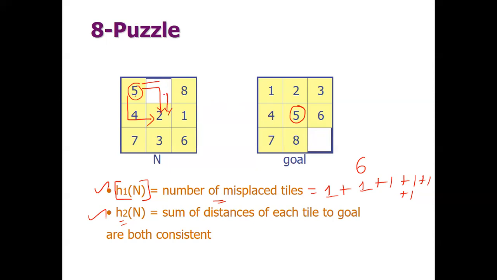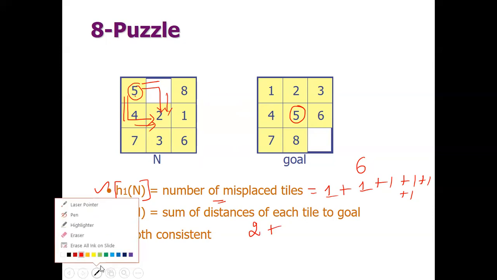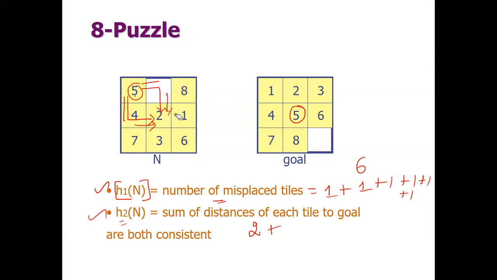If it follows this way also, it has to make 2 moves, 1 and 2, right? So we can say that 5 is away from its actual position by 2 locations. Like this we have to calculate for every tile. So this is for 5.